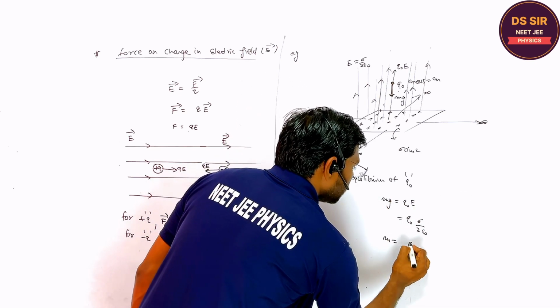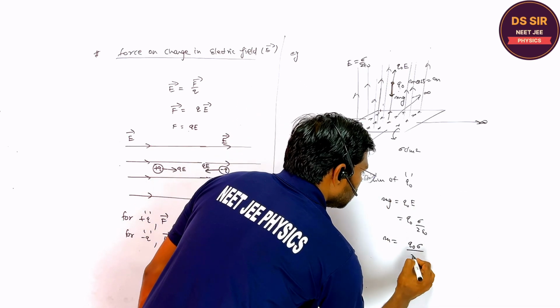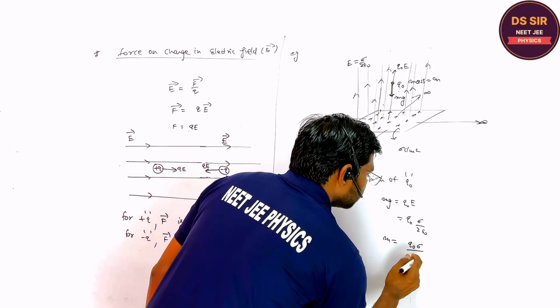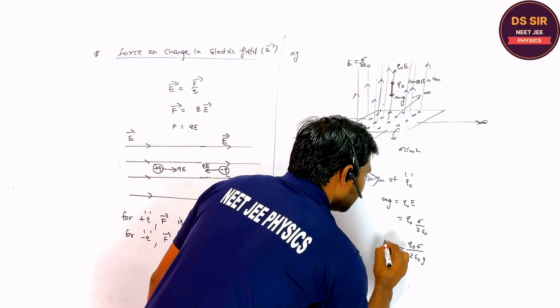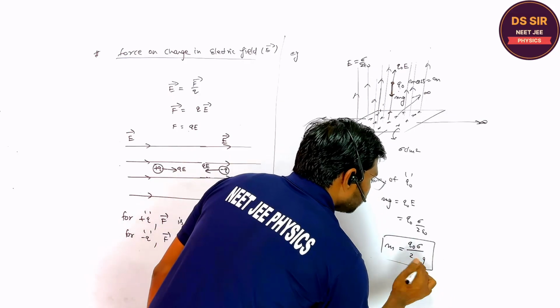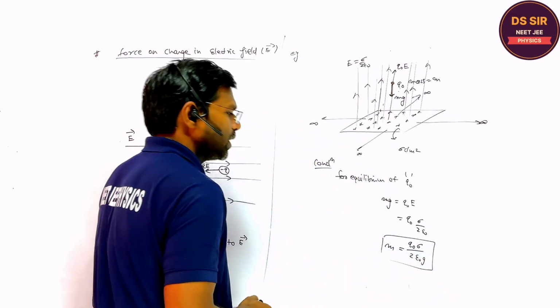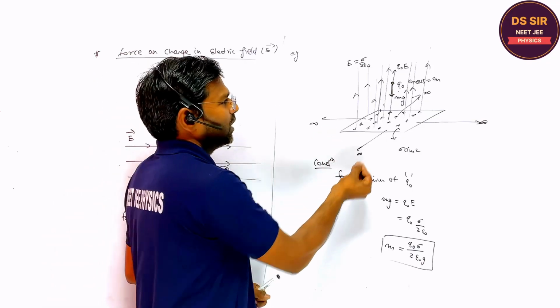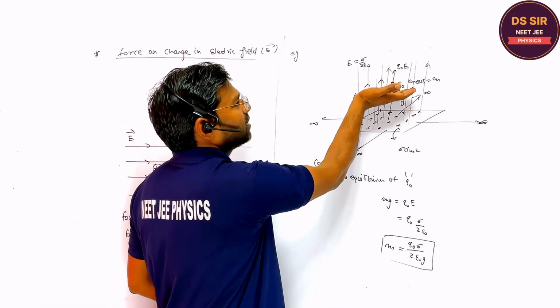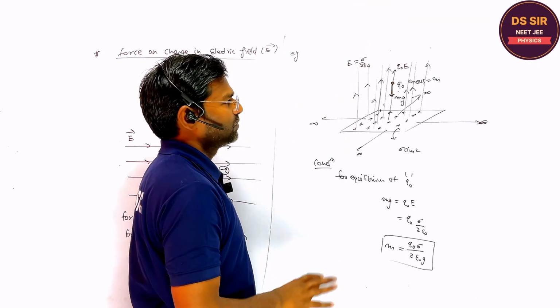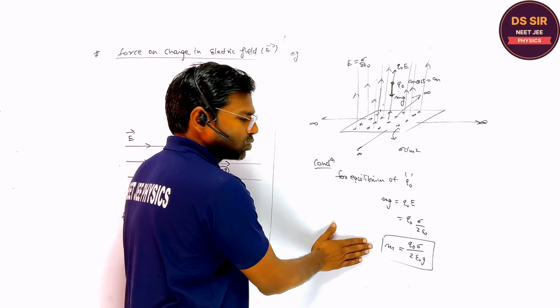The mass should be equal to Q naught sigma upon 2 g epsilon naught. So it should be the mass of the charged particle so that it can hang in the air because of the gravitational and the electrostatic repulsion. Do you understand this question?